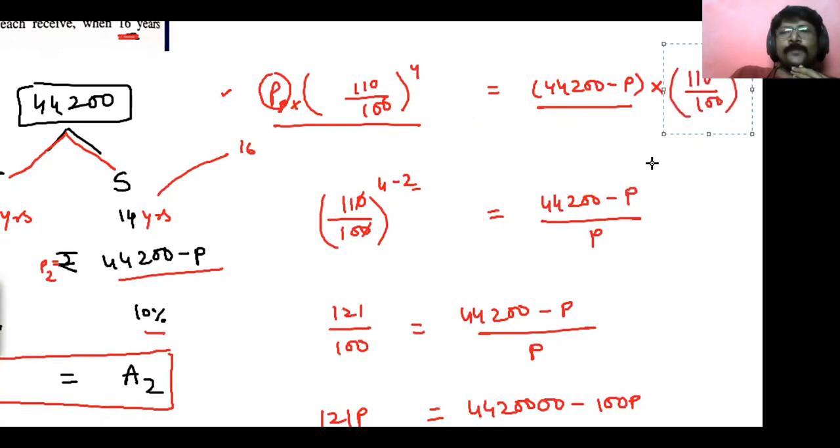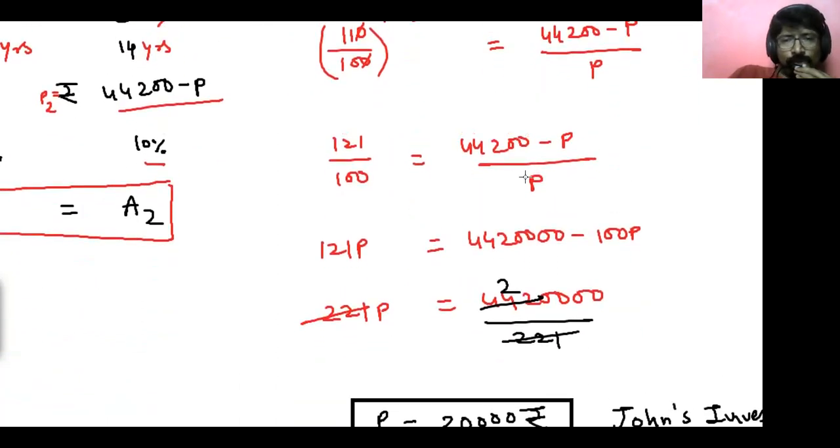Okay. Now the powers are 4 minus 2, which becomes 2, and here these zeros get cancelled. So (11/10)^2 will become 121/100, which equals (44200 minus P) upon P. If you've got that, now just do cross multiplication. So this becomes 121P, which equals 44,200 into two zeros minus 100P.